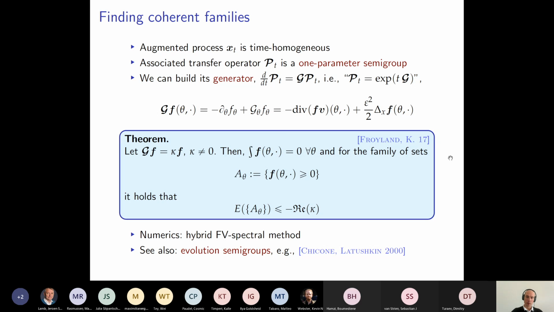But now, how does this whole thing help me to characterize coherent families? Well, that's where we have a result.